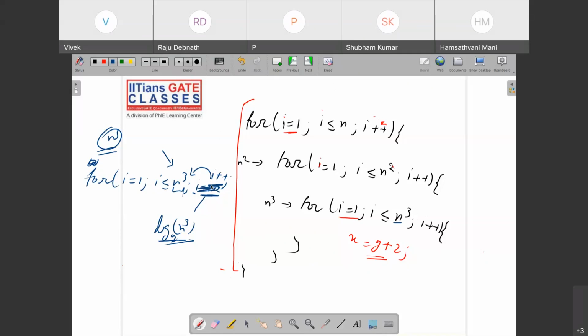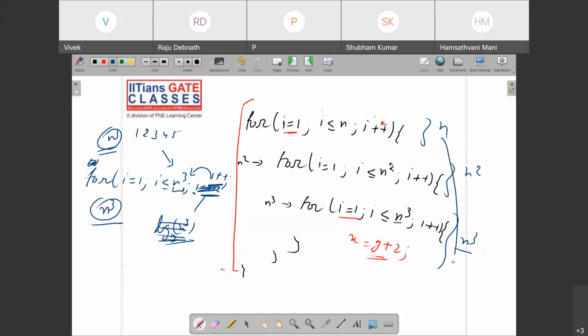Okay. So here log cannot be applied. Here we are going to reach n cube like 1, 2, 3, 4, 5. We are not missing any single value. So if you are going to reach n cube, you have to take n cube steps. Here we take n cube steps, here n square steps, here n steps.